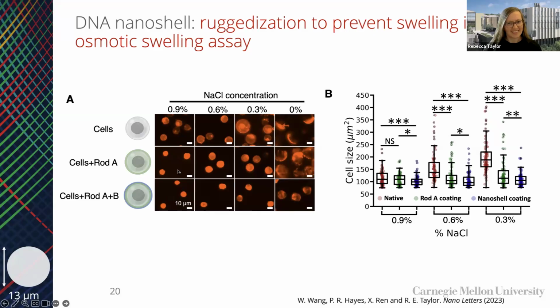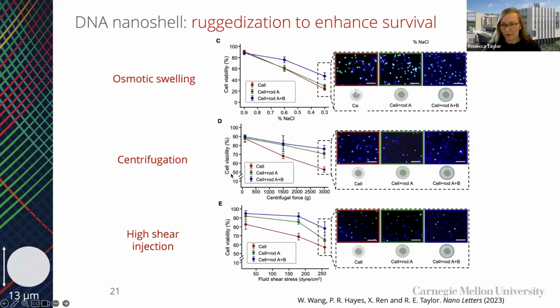And then you also see this neat benefit just from rod A, which we weren't expecting. So you basically keep the cell from exploding in the zero salt condition if you've got the shell. This is potentially really useful against a range of stressors.